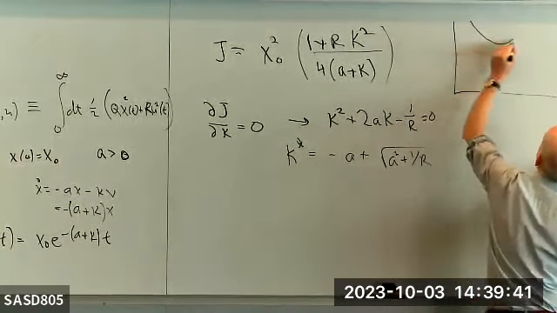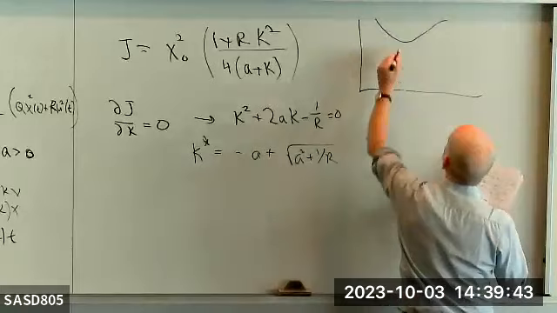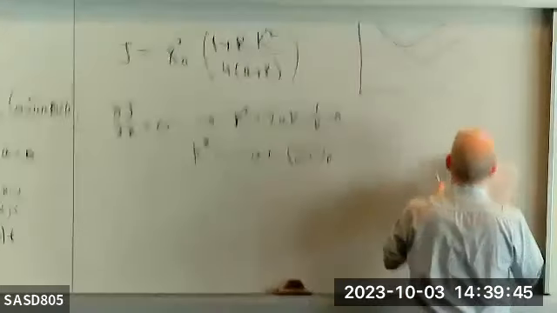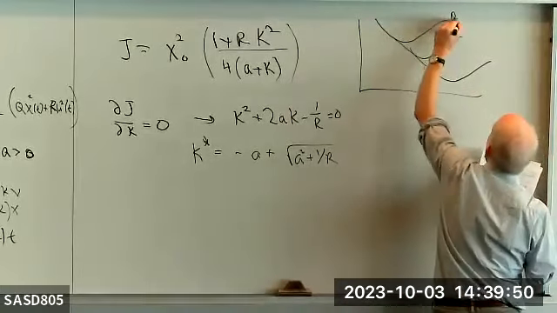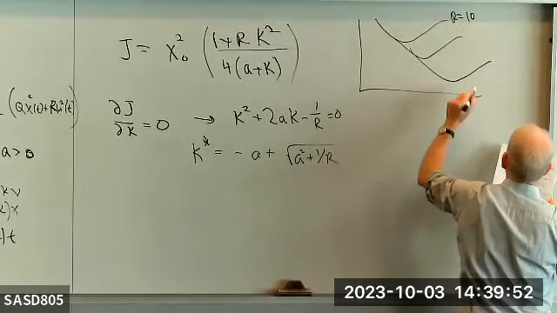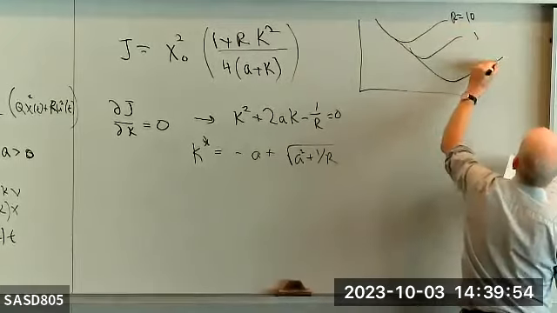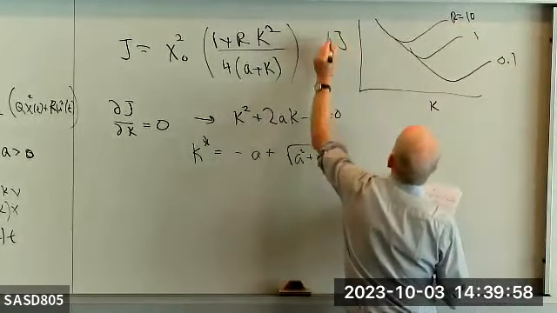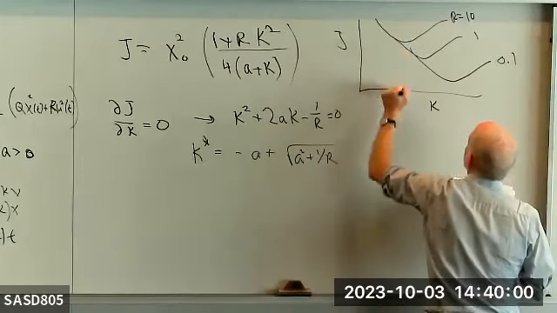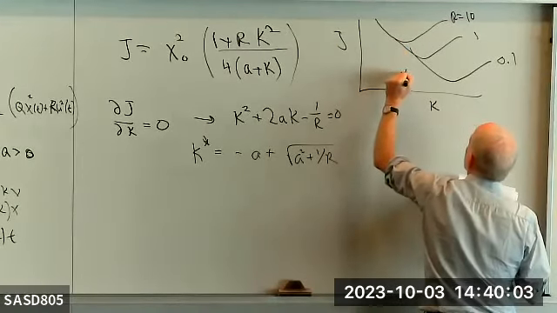And so then this looks something like this for different values of k. This is for r equals 10, 1, and 0.1, and this is k, and this is J, and so we're finding k star here.